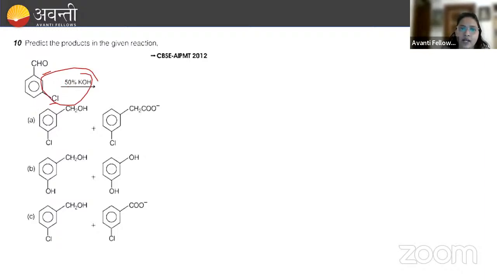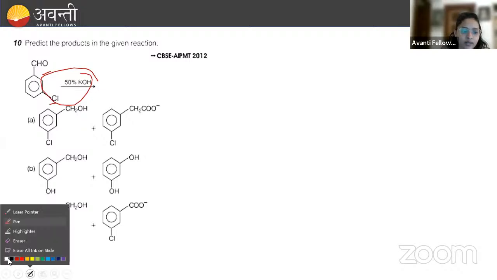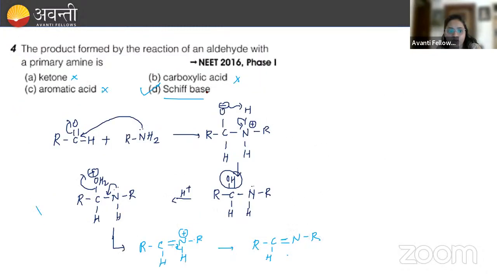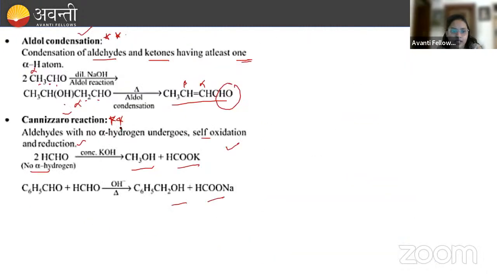Whenever dilute alkali is given, that will be our aldol condensation. But here 50% is given, 50% means what, this is a Cannizzaro reaction. The concentration of KOH is more, like 50% KOH is present. So this is Cannizzaro's reaction. I have told you what forms in the Cannizzaro reaction. Let's go to the Cannizzaro reaction. Okay, what forms in the Cannizzaro reaction?